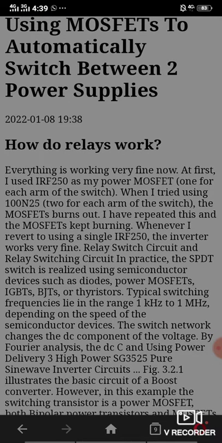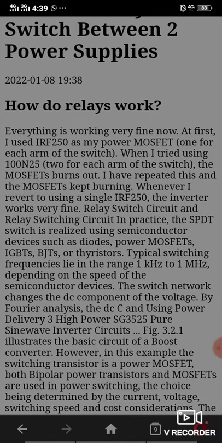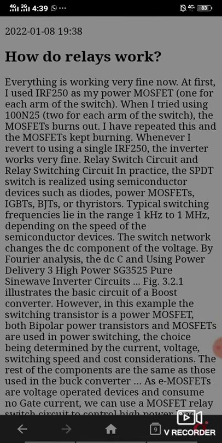The switch network changes the DC component of the voltage, by Fourier analysis. The DC using power delivers a high power pure sine wave inverter circuit. The basic circuit of a boost converter is similar; however, in this example, the switching transistor is a power MOSFET.